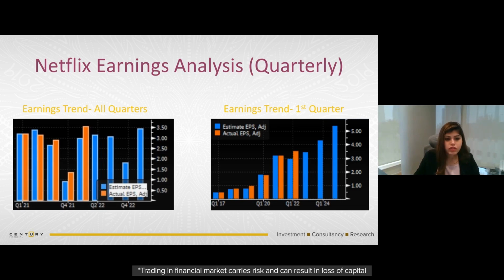If you can see over here, the orange bar denotes the actual EPS, which significantly outperformed the estimates. On a quarter-on-quarter basis, the jump was significant. On a year-over-year basis, the jump was also pretty decent.